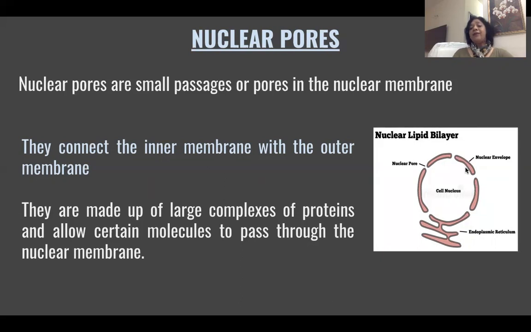What are these nuclear pores made up of? I told you they are the passage, they are the pores, they are the holes in the nuclear membrane. But what are they made up of? They are made up of a complex of proteins, which allows only certain molecules to pass from the nucleoplasm to the cytoplasm, or from the cytoplasm into the nucleoplasm.